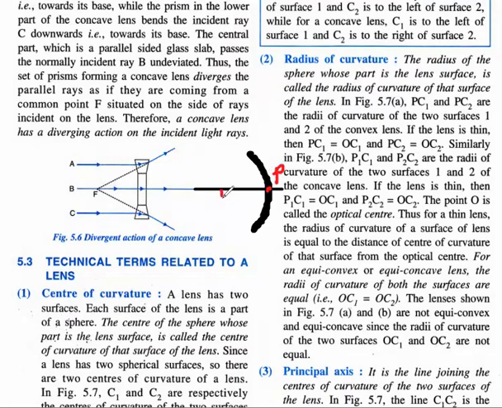Here we have the center of curvature, I'll just write C. The distance between the pole and the center of curvature is known as R, meaning radius of curvature. And what is this black line? I hope you have already guessed it: the principal axis.